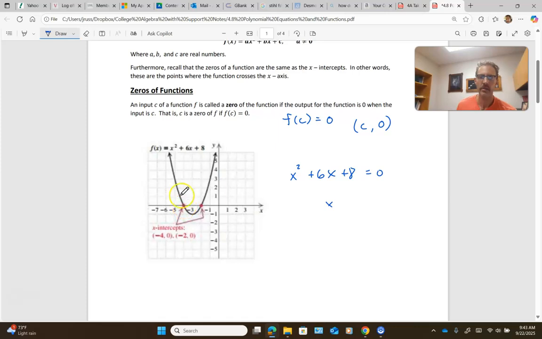Those are the 2 points on this parabola whose y-coordinates are 0, in other words, the zeros of the function. So x is equal to -4 and -2, but the x-intercepts are the points (-4, 0) and (-2, 0). The term zero refers to the x-coordinate of the x-intercept, so they're related.